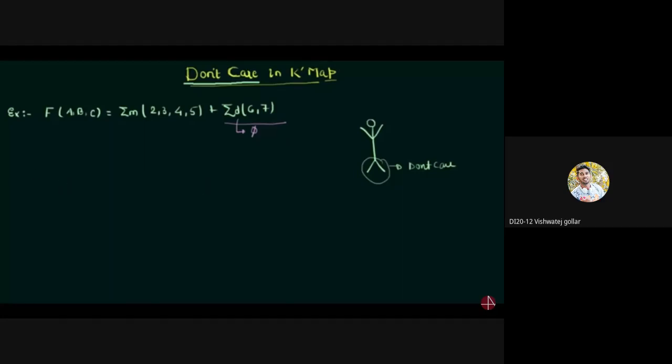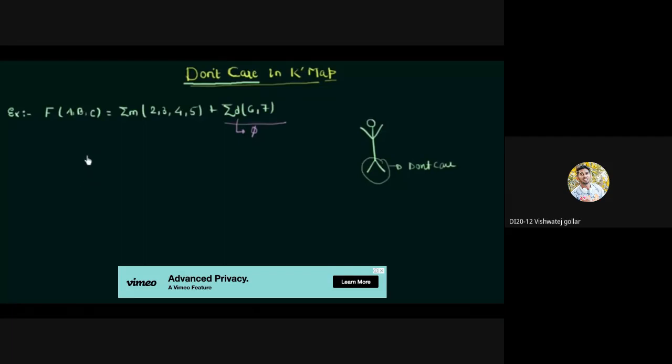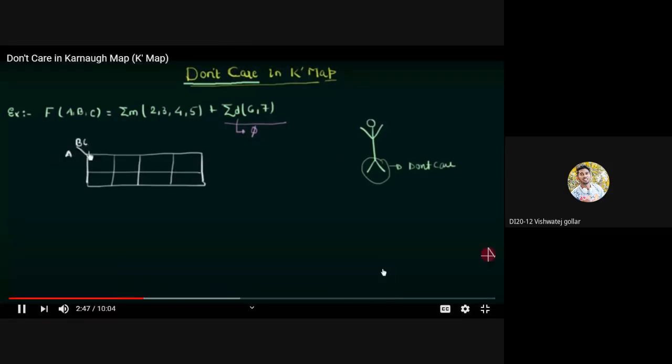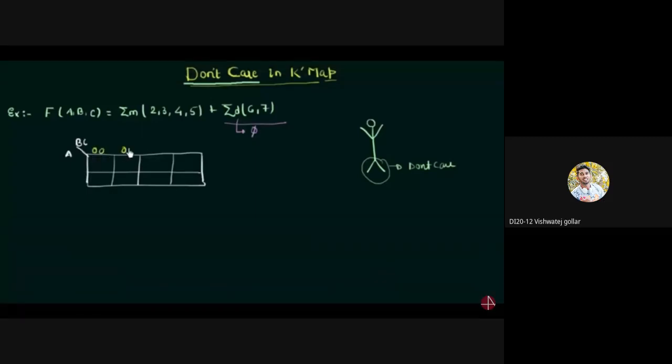So let's first make our 8-cell K-map. The three variables are A, B, C, with 00, 01, 11, 10 for BC, and 0, 1 for A. Let's fill in m2, m3, m4 and m5: 0, 1, 2, 3, 4, 5, and our 6 and 7 cells are the don't cares.